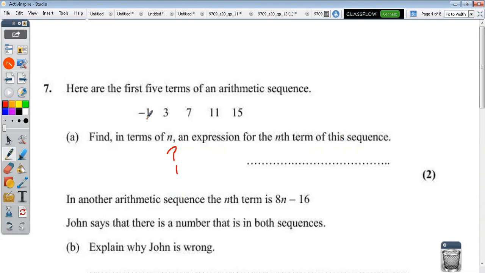Let's see. 4, correct. Then I subtract this, minus 1 minus 4, correct, minus 5.